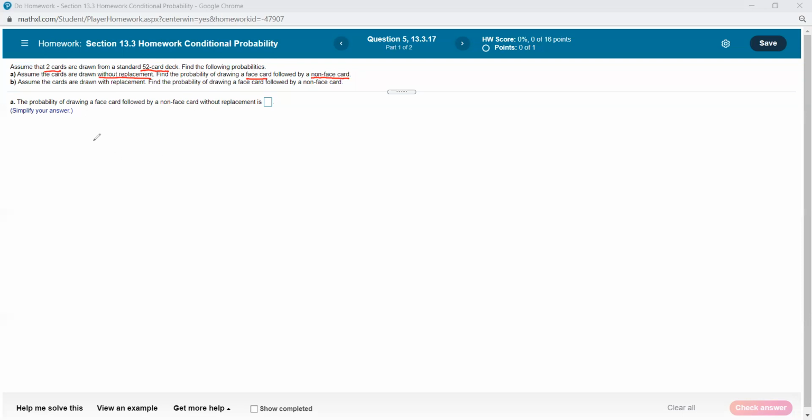Okay, so the probability of drawing a face card. Your face cards are the Jack, the Queen, and the King. There's 1 in each of the 4 suits.